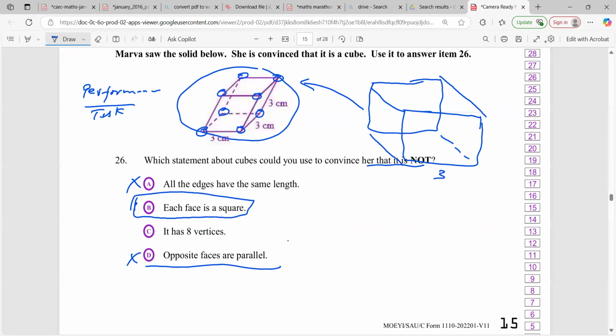So these are 3, these are 3, these are 3. All the edges are of the same length. So it's really made up of squares. Remember when we were doing the total surface area, we said we could just find it for one and then times it by 6 because all of them are squares.